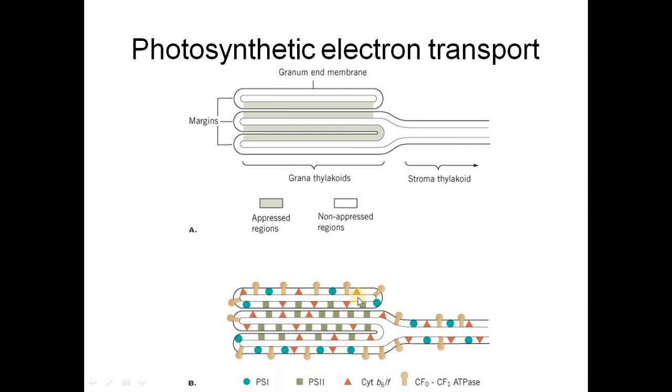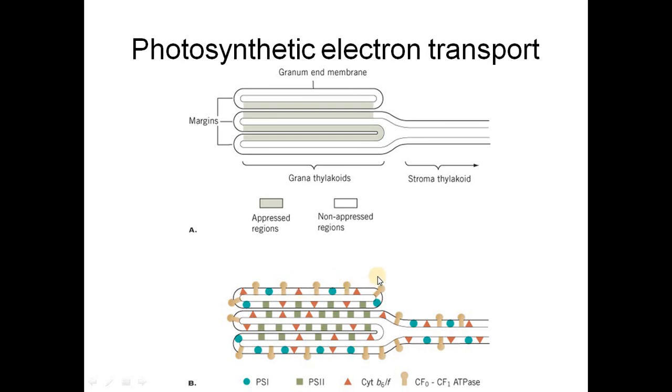From the cytochrome, which is right here, the electrons will jump the membrane. So it's not going to flow like this. The plastocyanin is going to carry electrons like this. So that's the jumping of the membrane that I was telling you about.